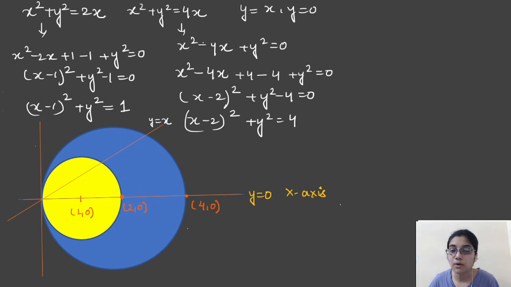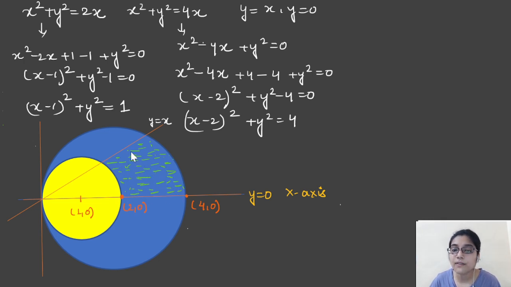You have to find the area of the region bounded by these curves. This is our line y = x, this is y = 0, this is the circle with center (1, 0) and this is the circle with center (2, 0). So this is our region of integration. I hope all of you are getting that.